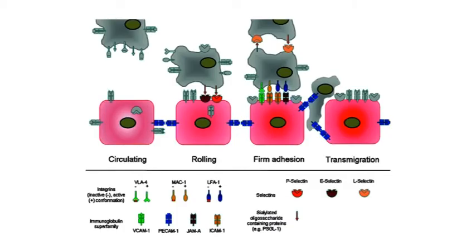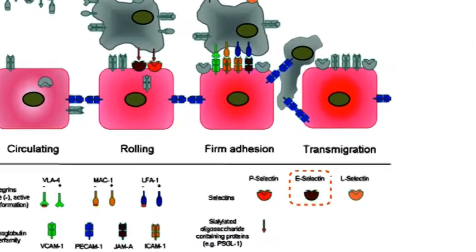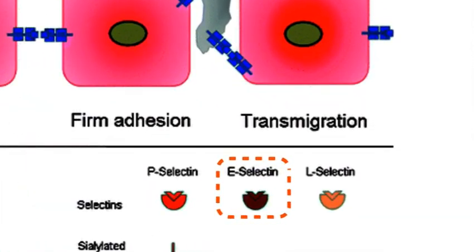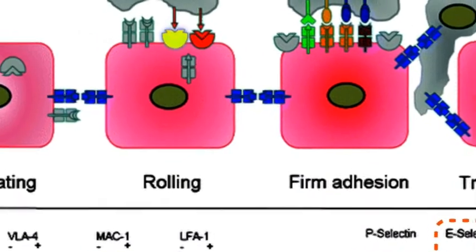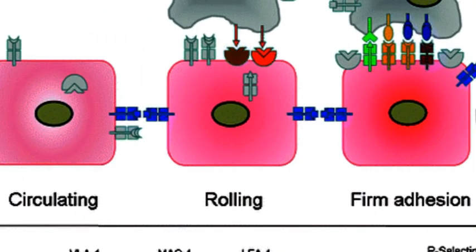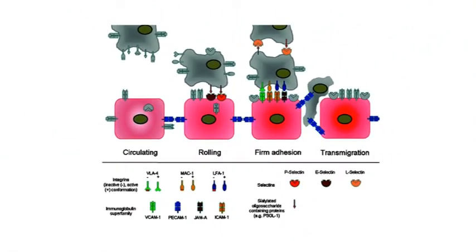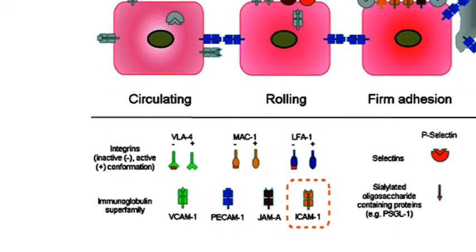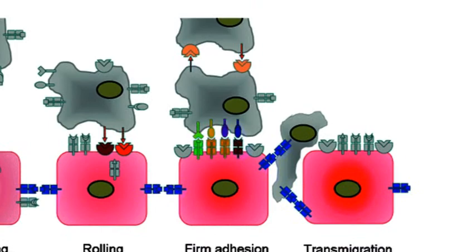Both TNF-alpha and interleukin-1 induce increased expression of adhesion molecules on vascular endothelial cells. For instance, TNF-alpha stimulates expression of E-selectin, an endothelial adhesion molecule that selectively binds adhesion molecules on neutrophils. Interleukin-1 induces increased expression of ICAM-1 and VCAM-1, which bind to integrins on lymphocytes and monocytes.